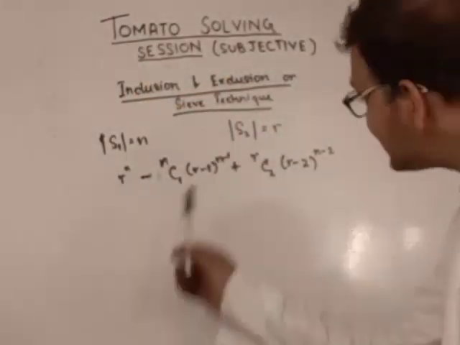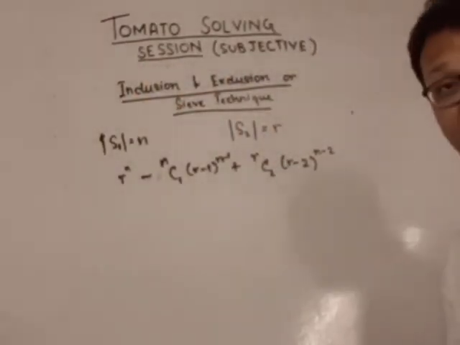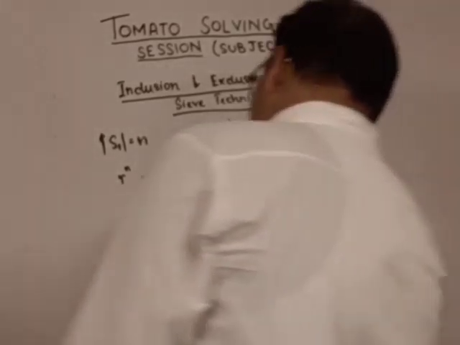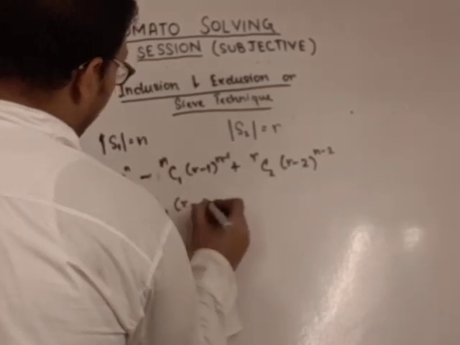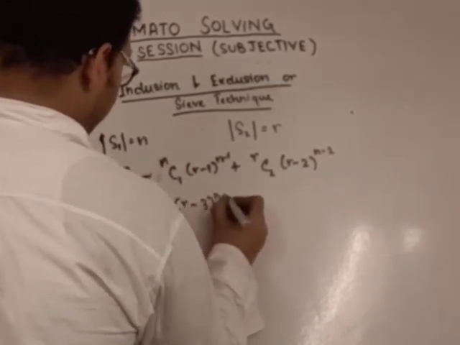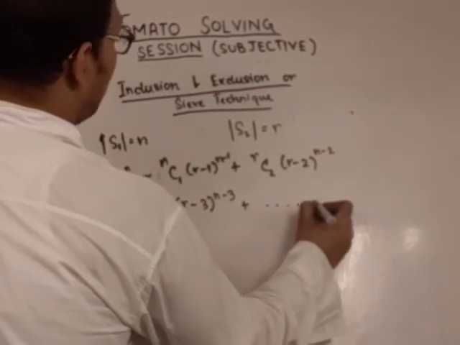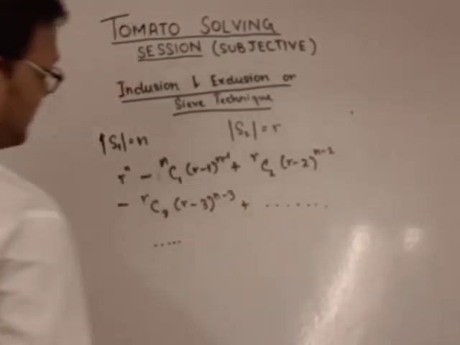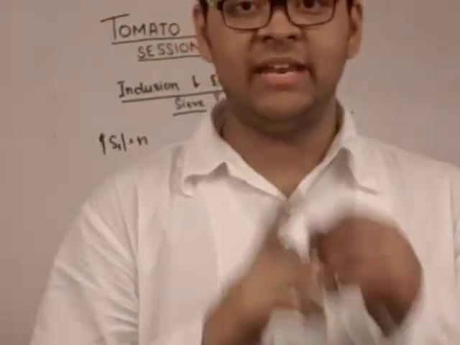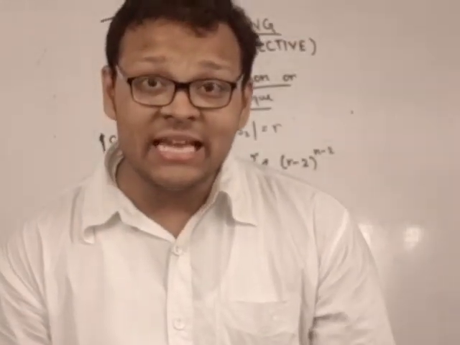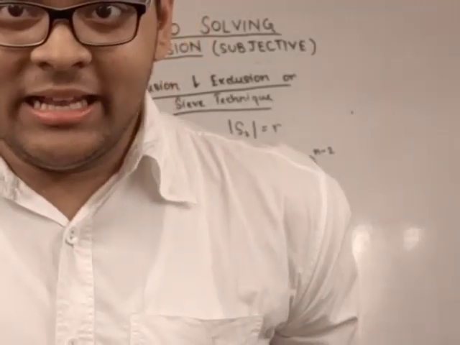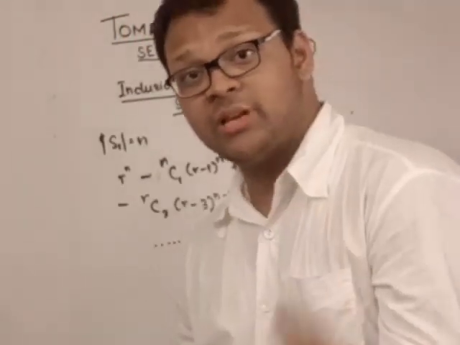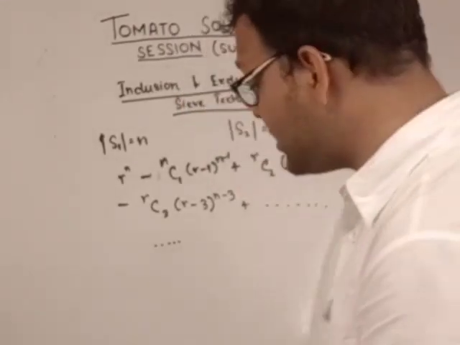Include what's needed, exclude what's not needed, include what's needed, then again exclude what's not needed, and so on up till the nth term. I hope this concept is very clear to you. This states that include what's needed, exclude what's not needed. That lies in the principle of inclusion and exclusion, and that is the basic principle with which you can solve this problem.